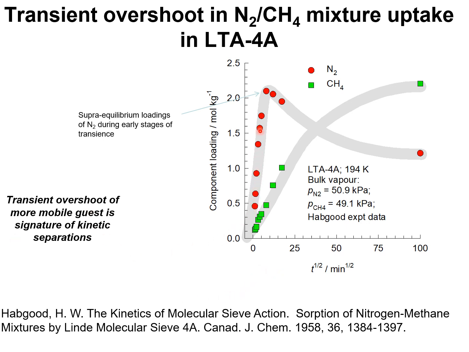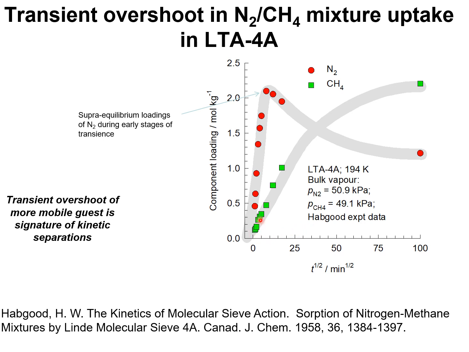The transient uptake of nitrogen, shown by the red circles, shows an overshoot in the loading before it finally reduces in value to 1.2 moles per kilogram. That is the component loading in equilibrium with the bulk gas phase mixture.